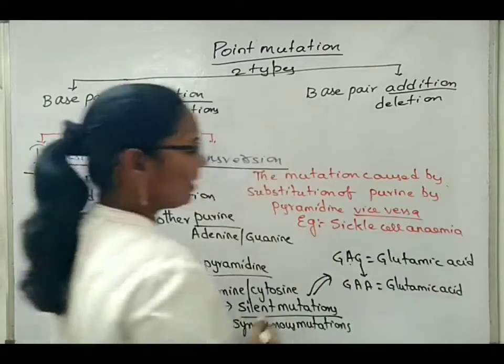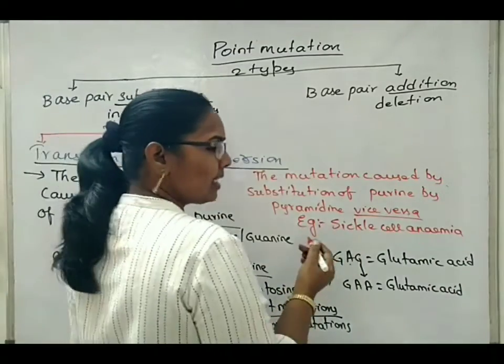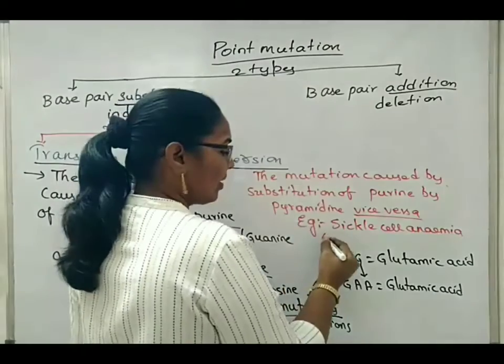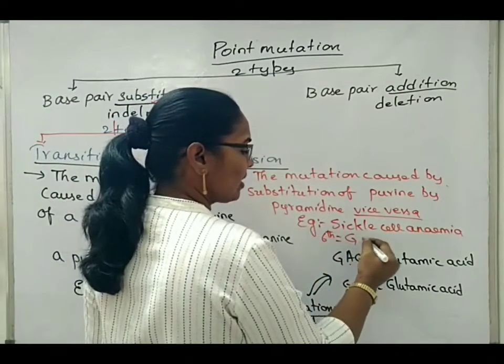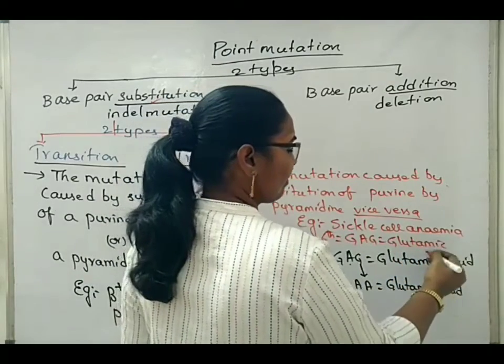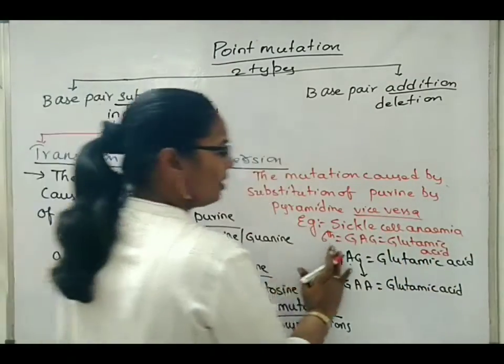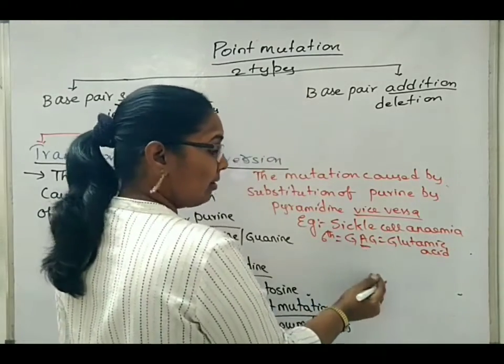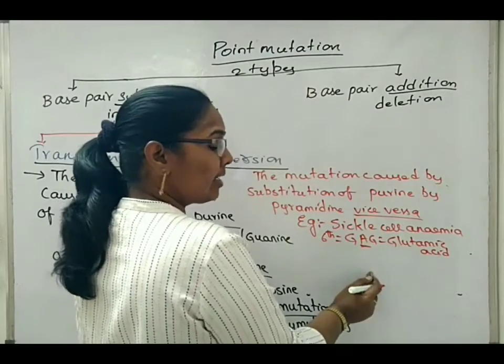Sickle cell anemia can be taken as the best example because in sickle cell anemia, at the 6th codon of the beta chain of hemoglobin, we have the sequence GAG, which is coding for glutamic acid. But there, adenine, which is a purine, is replaced by a pyrimidine, that is uracil.